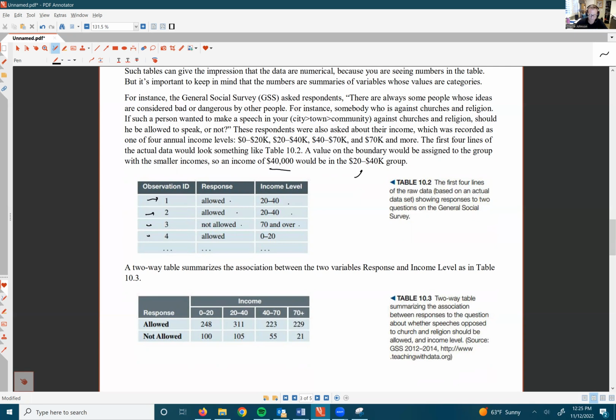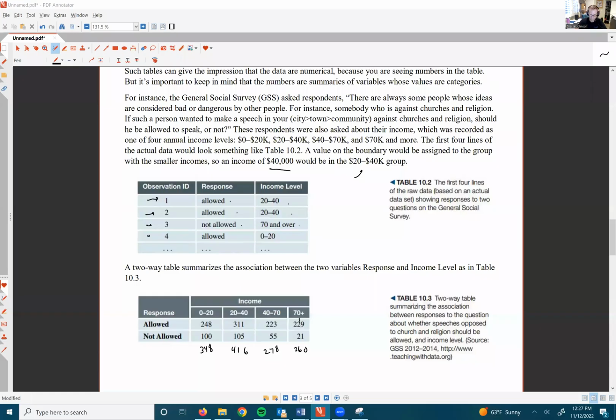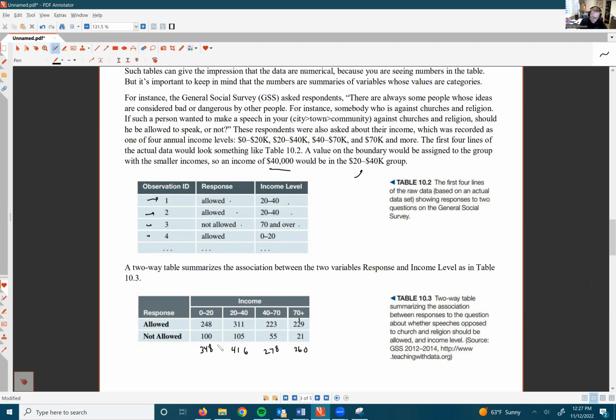Now keep in mind with a two-way table, we will typically have to come up with all of the column totals. And then also you have to do your row sums as well.